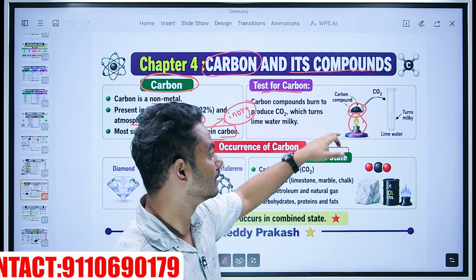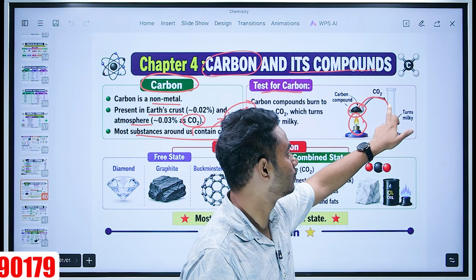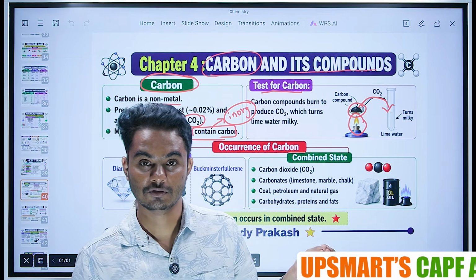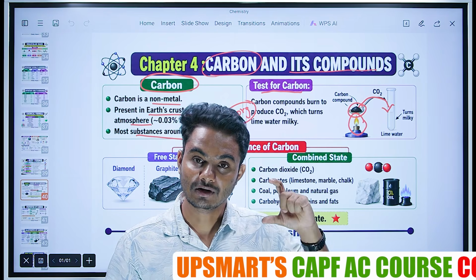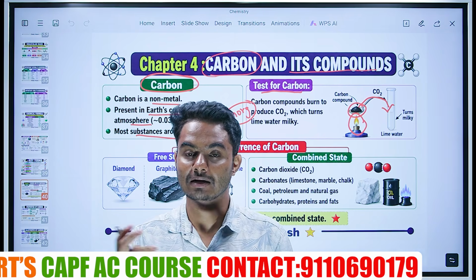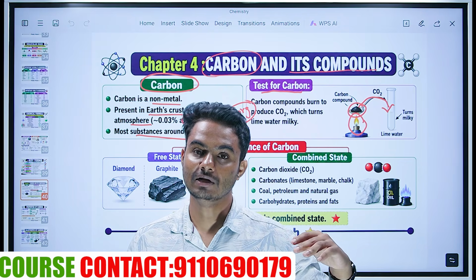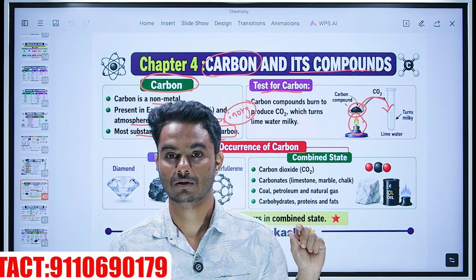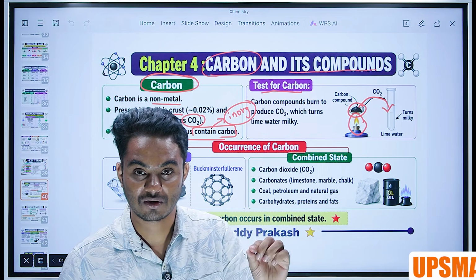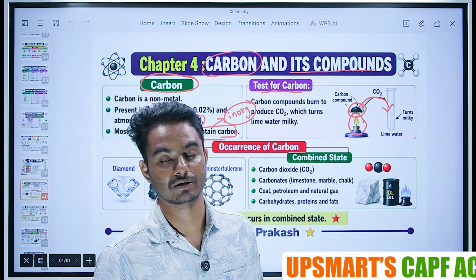Then what we do is the heated compound is put into lime water. If that lime water turns milky in color, then that proves that the pinch of compound has carbon in it. That means that the compound is organic in nature.